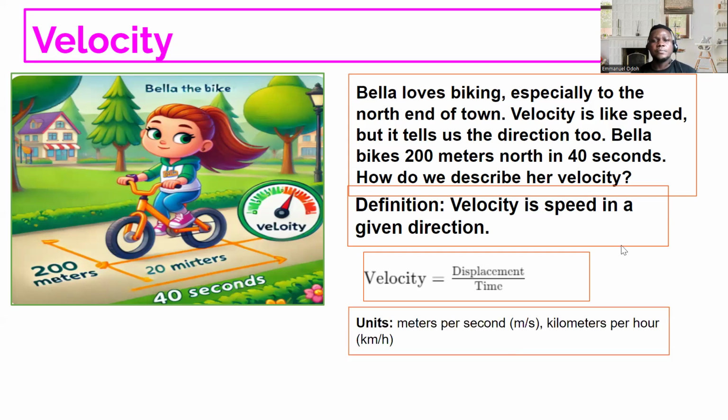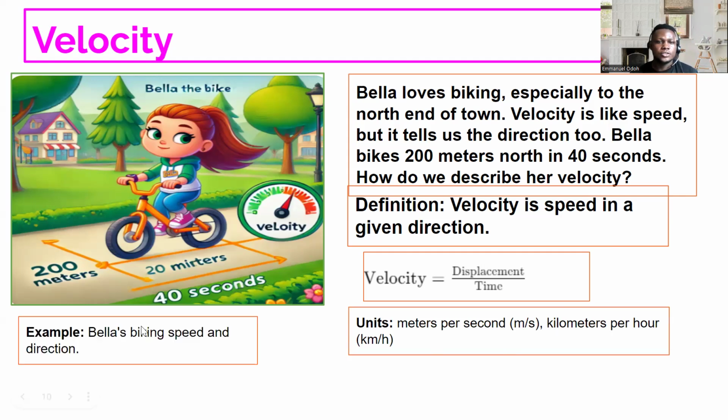So the unit for measuring velocity is the meter per second or the kilometer per hour. It has the same unit as speed. As you can see, Bella's biking speed and direction gives us a velocity.